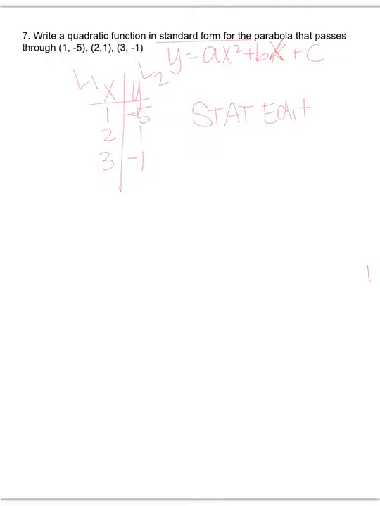Okay, so once you've done that, you're going to go back to Stat, and you're going to go over to Calc, and then we are trying to find the quadratic function, okay? Linear we were talking about earlier in the year, but we're talking about quadratic this time. So notice number 5 says quadratic, so if you press 5, you'll go down to Calculate, and then it should give you your A, B, and C.